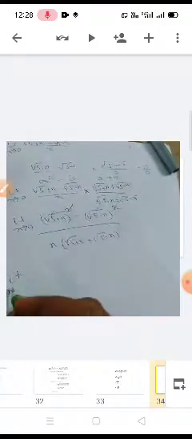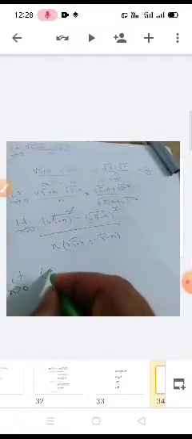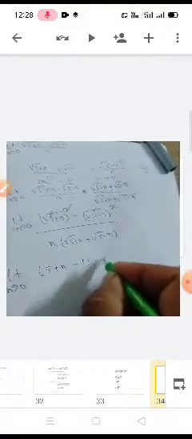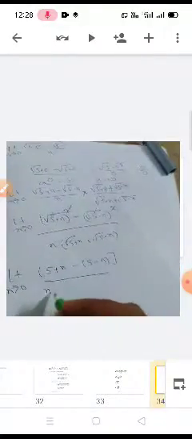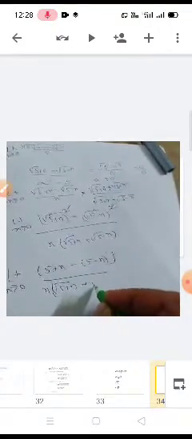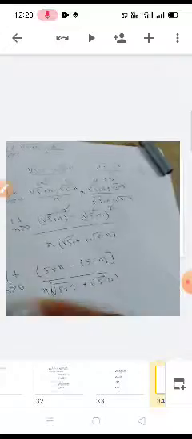Limit x tends to 0, (5 + x − (5 − x))/(x(√(5+x) + √(5−x))). That is (5 + x − 5 + x)/(x(√(5+x) + √(5−x))). Minus 5 plus 5 cancel, x plus x is 2x.